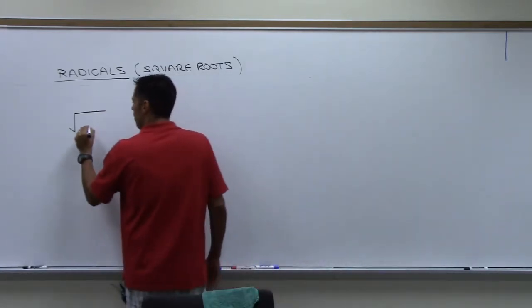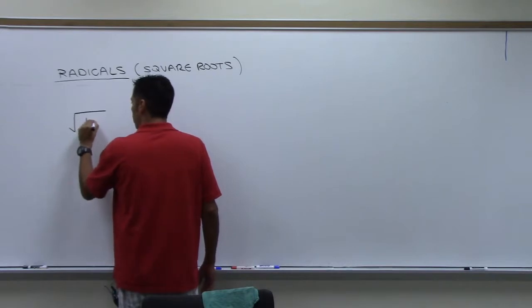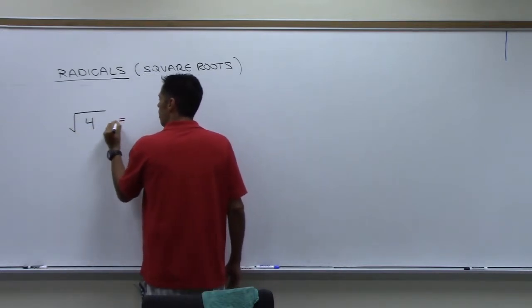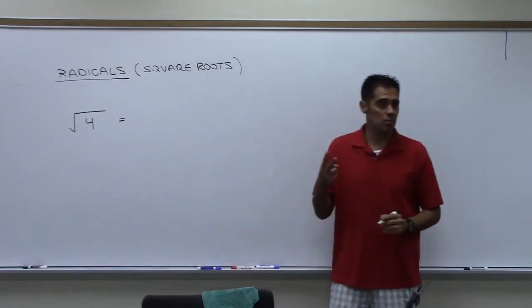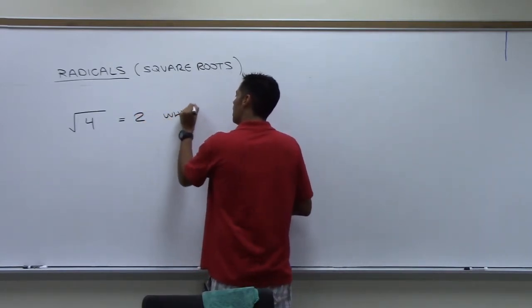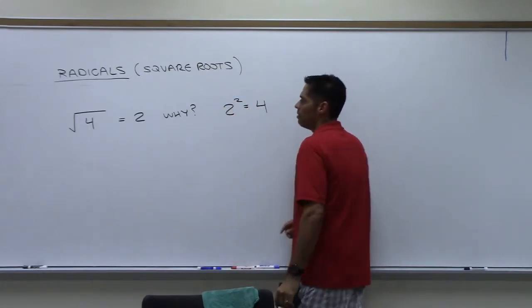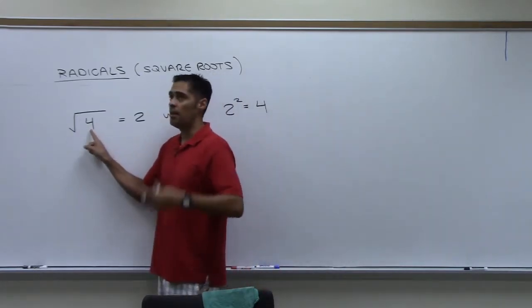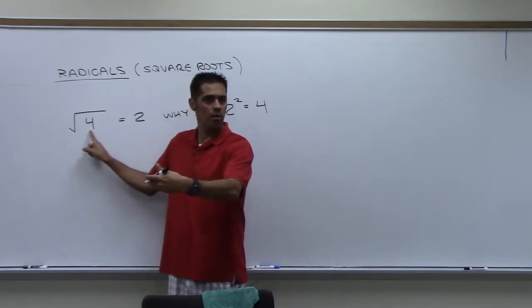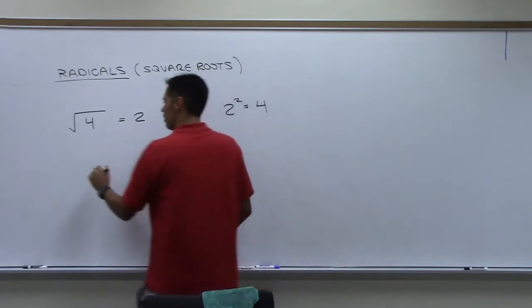If I write in here the square root of, let's say, 4, then what would this be? 2, right? Why? Because 2 squared equals 4. When you say the square root of 4, you're saying what number times itself gives you 4? Well, 2. 2 times itself gives you 4. I can do this for all sorts of things.